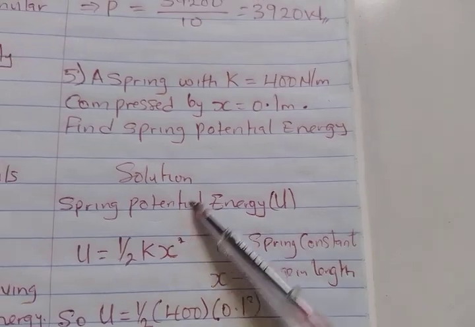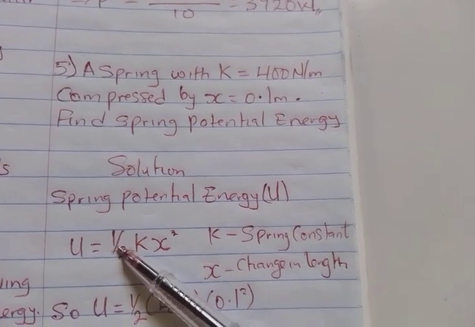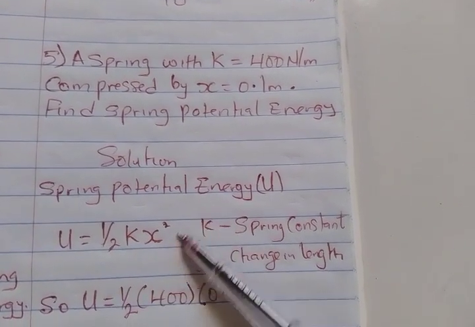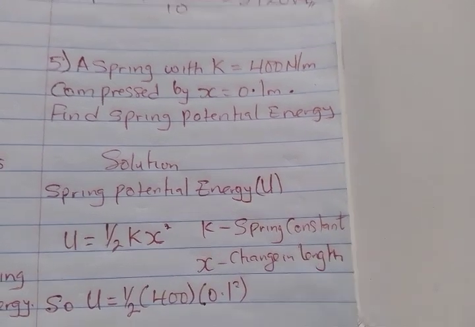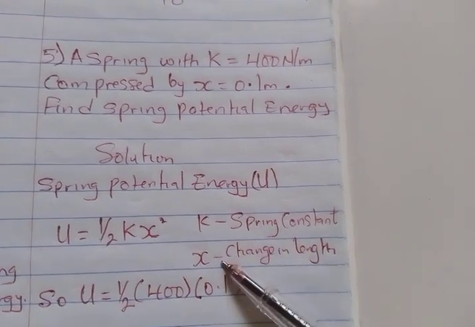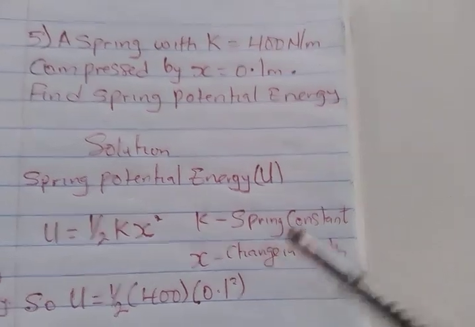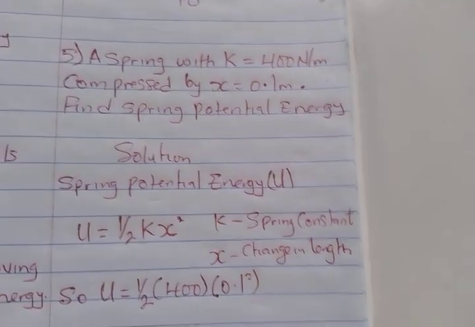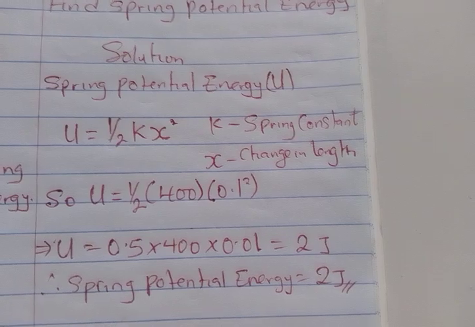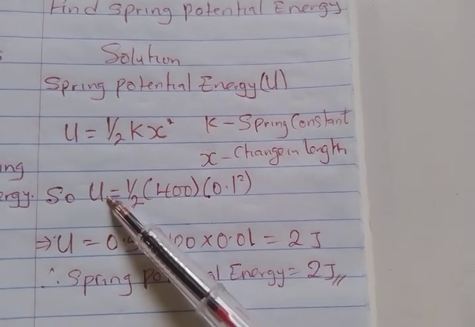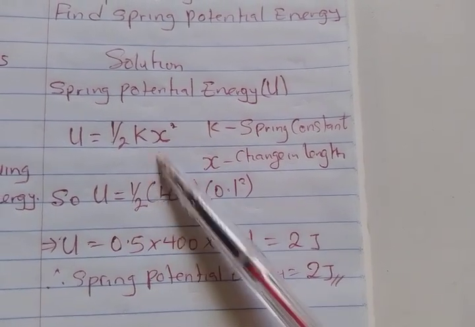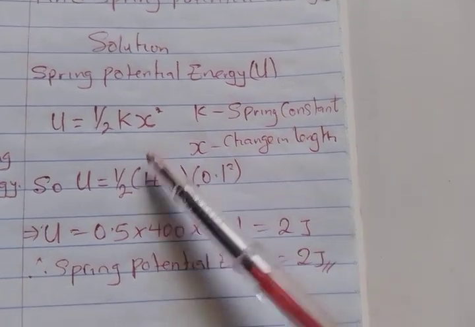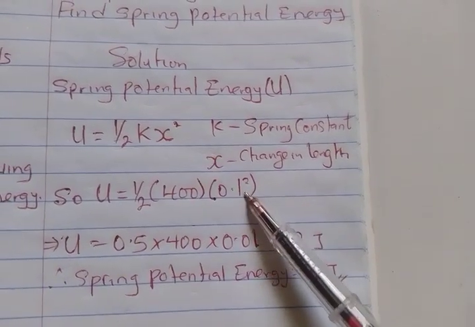Solution. The spring potential energy U has the formula 1/2 kx squared. K is the spring constant, and x is the change in length. The change in length can be an increase or a decrease in length. So our U, the spring potential energy, is equal to 1/2 times K, that's 400, the spring constant, times x, 0.1, squared.